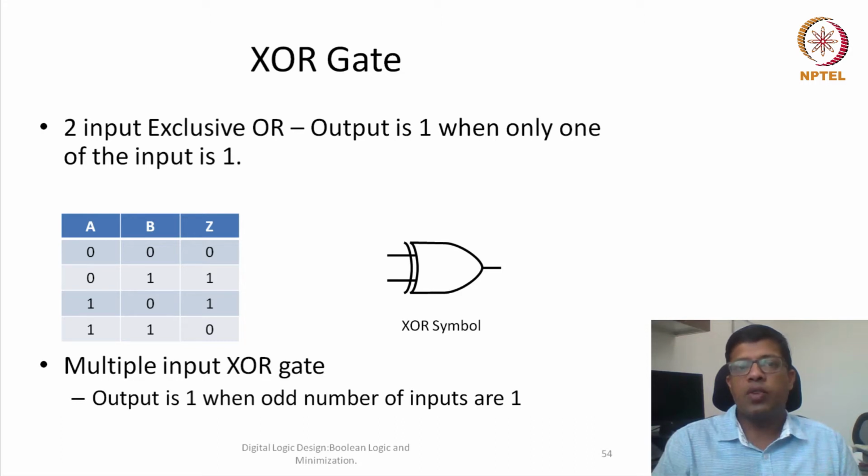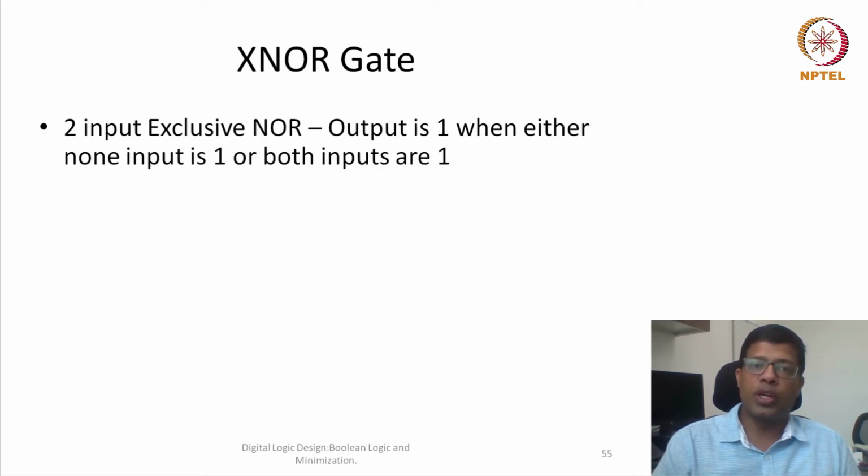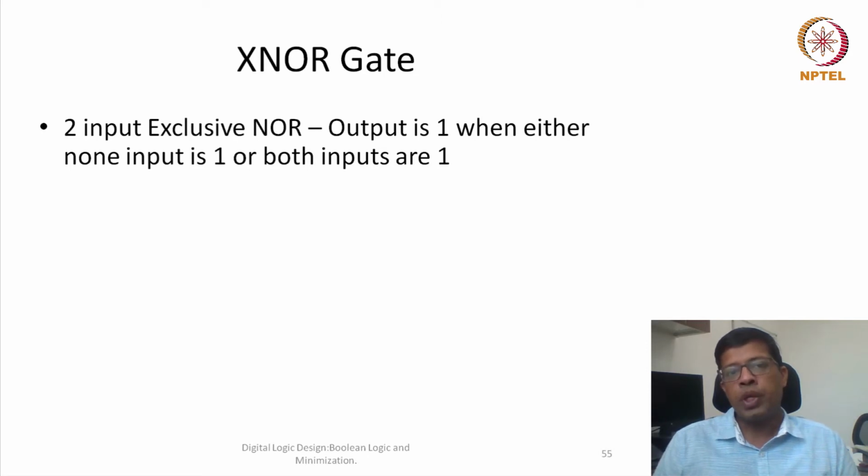Now let's see the other one, the XNOR or exclusive NOR gate. In the exclusive NOR gate, the output of the XOR gate is inverted. In naive English, we can say that the output is 1 only if neither of the inputs is 1 or both the inputs are 1.